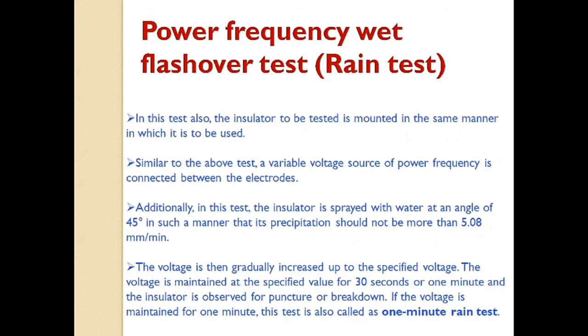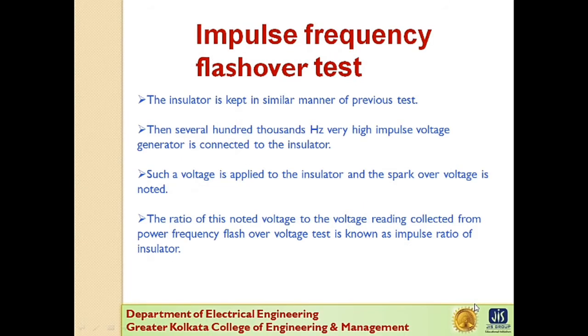The insulator must be capable of sustaining the specified minimum power frequency voltage for the specified period without flashover in the said wet condition. This test is also called the 1 minute rain test.